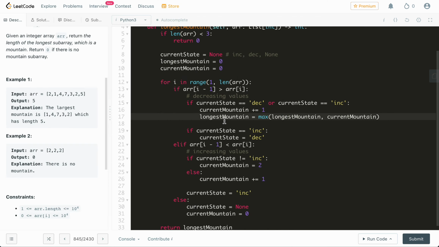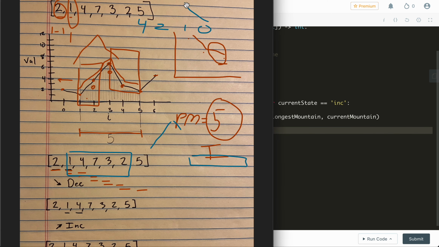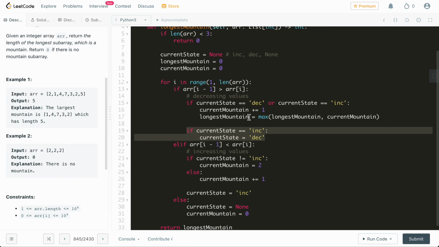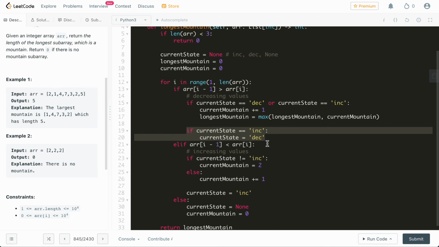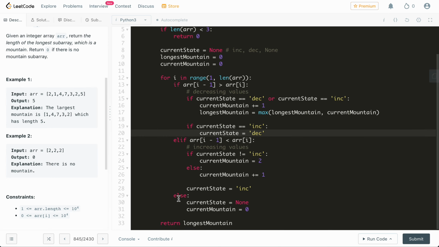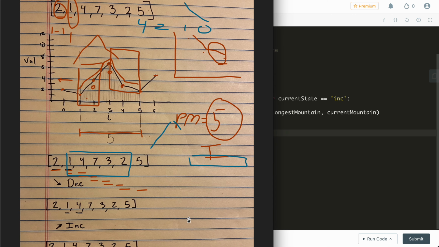So what would happen is if we didn't have this, then we would say, oh, 4 to 2, that's a decrease, so we want to add 1 to our current mountain. That's not the case. This protects us from saying if we are in a decrease but there was no climb, do nothing. Okay? And then our current state, obviously, if they're equal, that means we're at a plateau. A plateau is like this down here, where you go up and then you plateau and then you go down. That's not a mountain. We want a beautiful mountain.